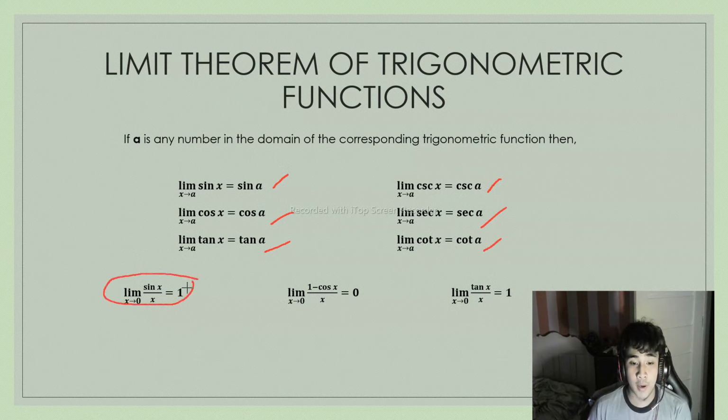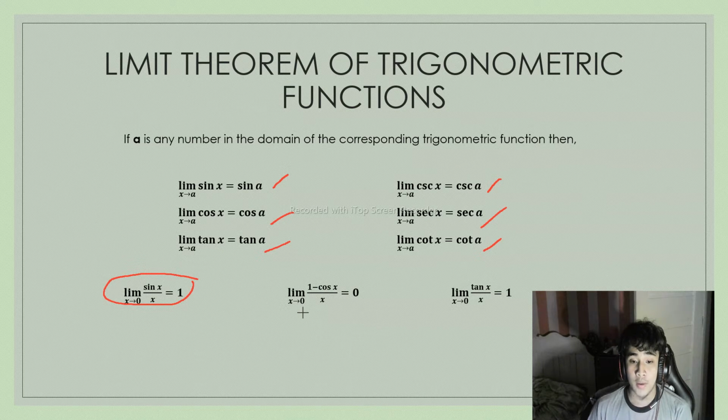So, meron tayong mga formula dito na given. Kailangan natin yan para ma-identify natin yung tamang sagot at hindi maging undefined yung sagot natin. So, that is limit of sine x over x as x approaches 0 is equal to 1.